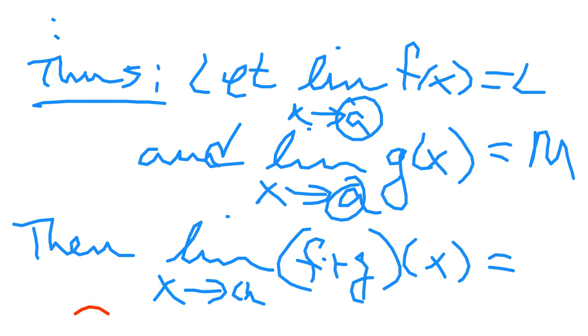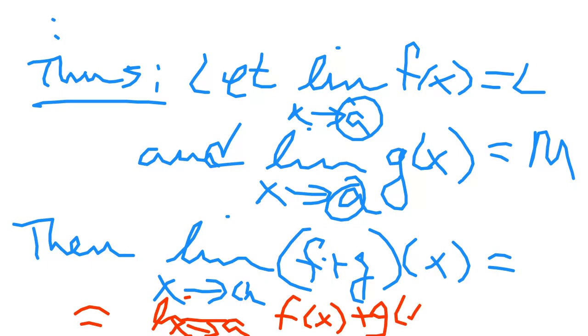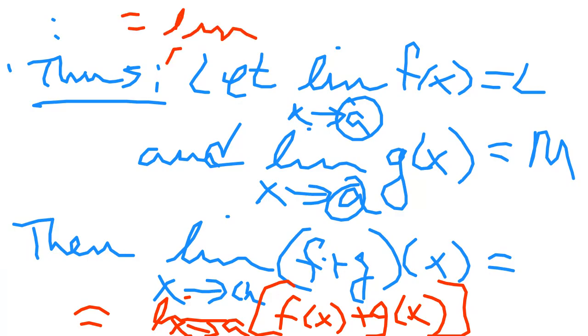Maybe I do. Oh yeah, this is the limit as x approaches a. Look at that, I do. Of f of x plus g of x by definition, right? Which is going to be, I'm going to come up here. This equals the limit as x approaches a of f of x plus the limit as x approaches a.